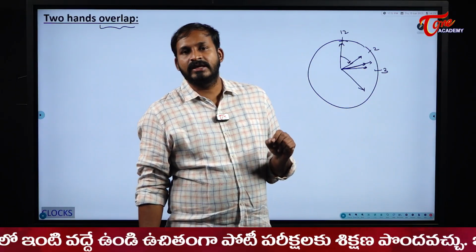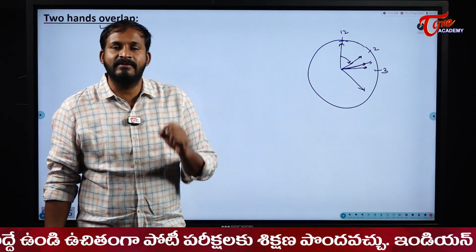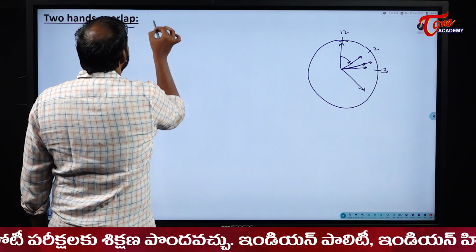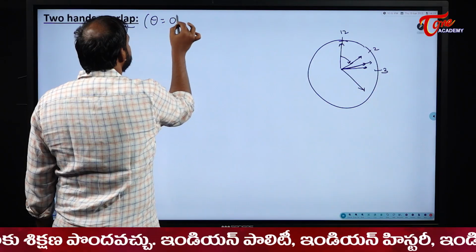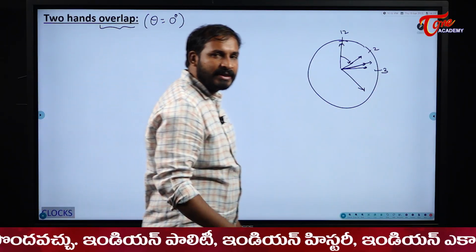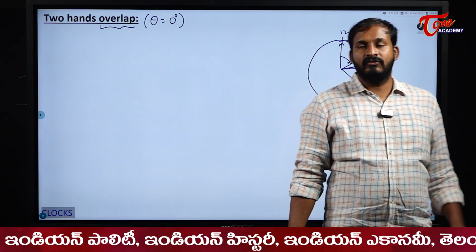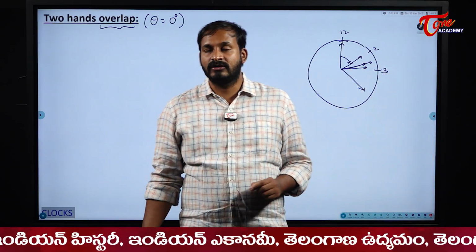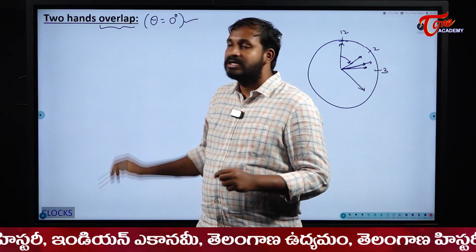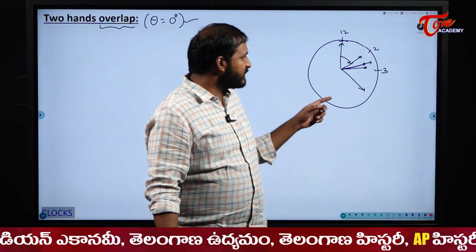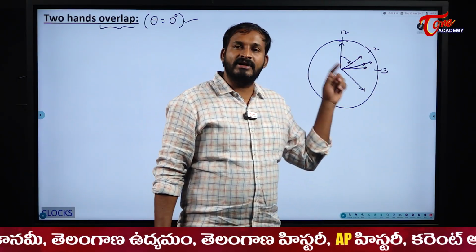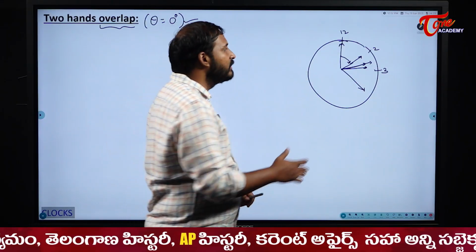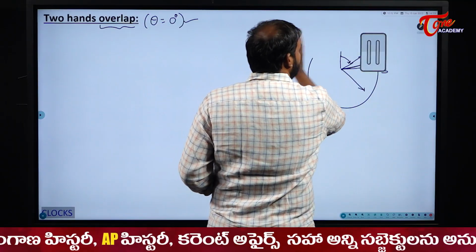The angle between the two hands of the clock, theta, will be equal to 0 degrees. Now please observe here, in every 1 hour this phenomenon occurs once, right? The two hands of the clock will overlap once in every 1 hour.